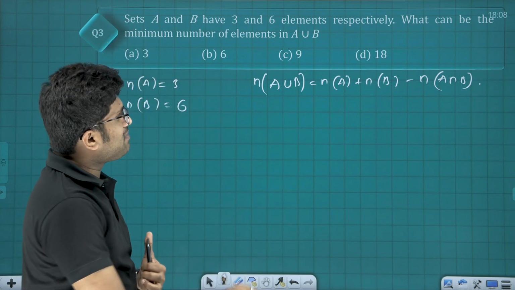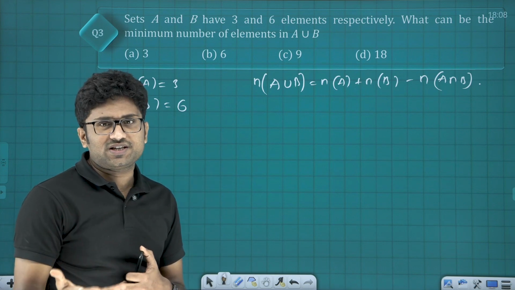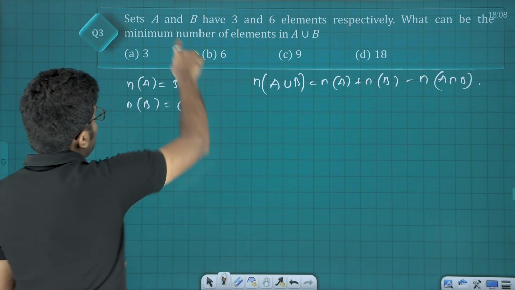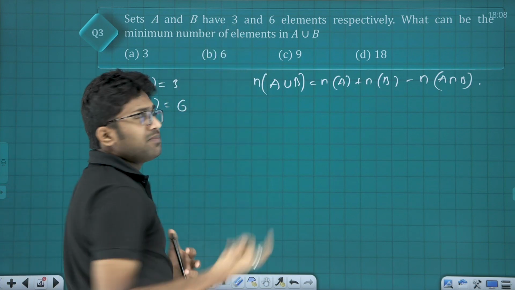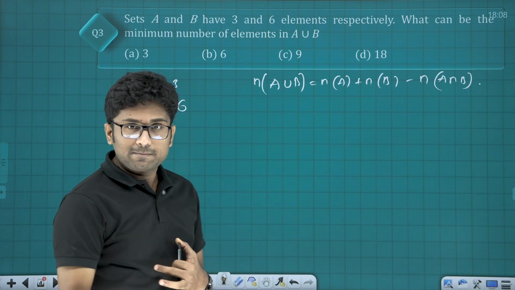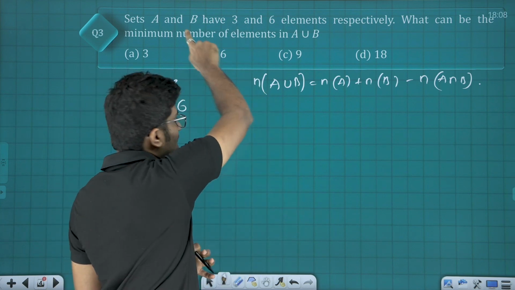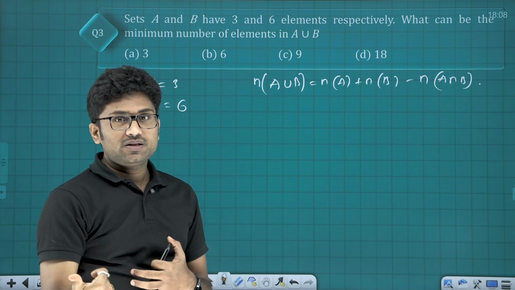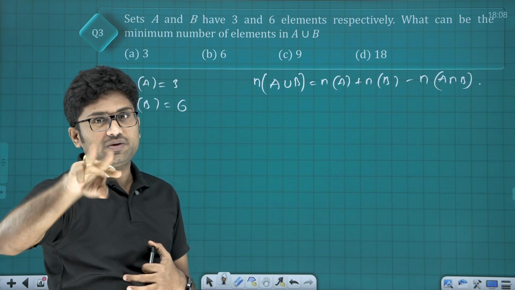What can be the maximum possibility of A intersection B? Maximum means all the elements in A are the same as in B. That means all the 3 elements in A should be the same as in B.